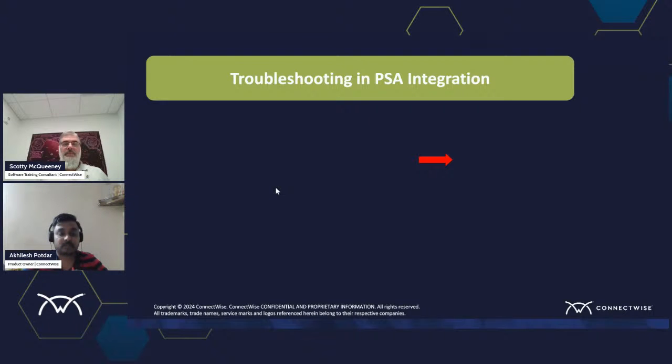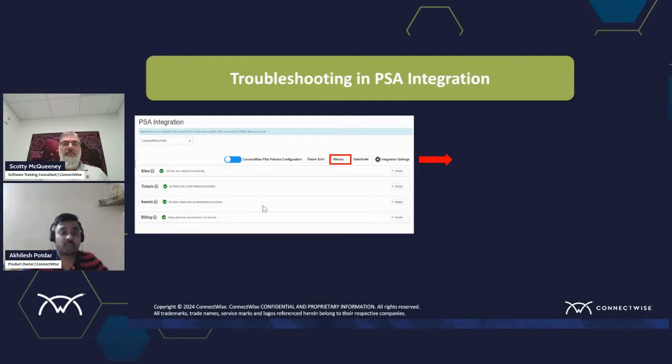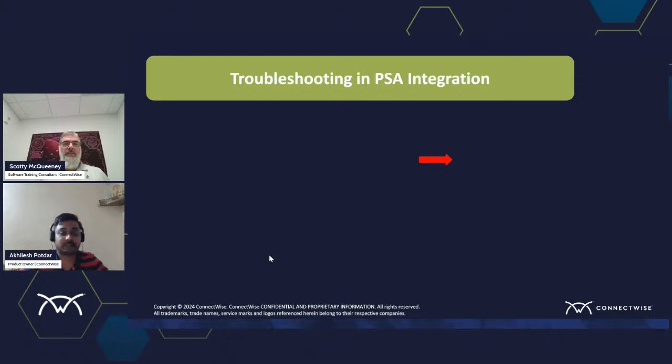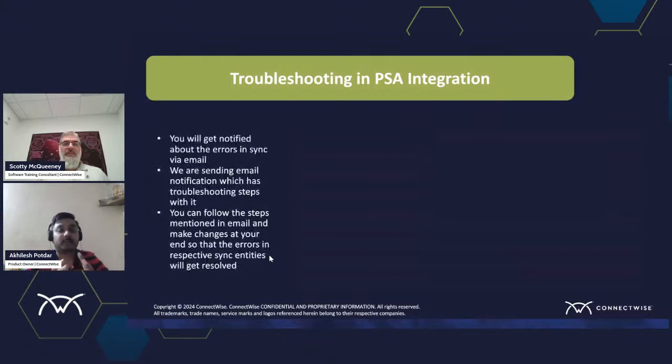So next, what are the email notifications? After analyzing the errors our partners have for the PSA integrations, we have categorized over 14 email categories for the ticket sync failures that we have observed, and we have clubbed multiple errors together into one category.